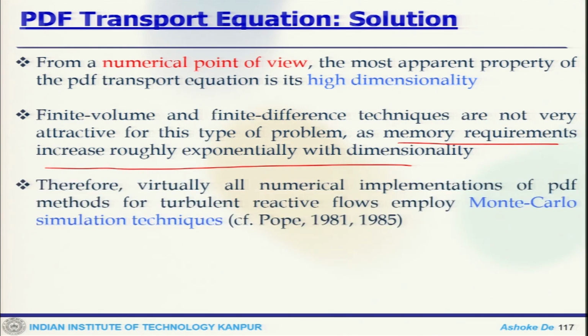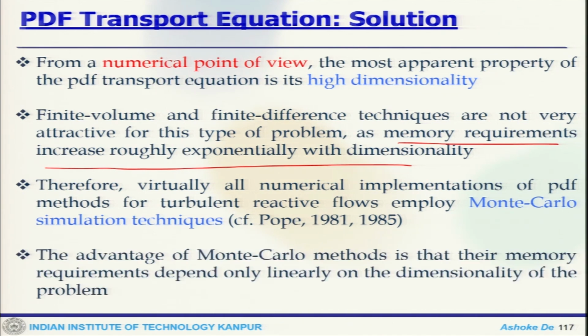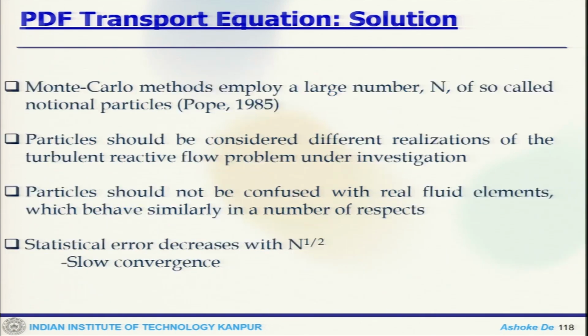Virtually all numerical implementations use Monte Carlo techniques, which are particle based methods. The memory requirement is not that much, and they can handle this high dimensional problem. They use a large number of particles, called notional particles.